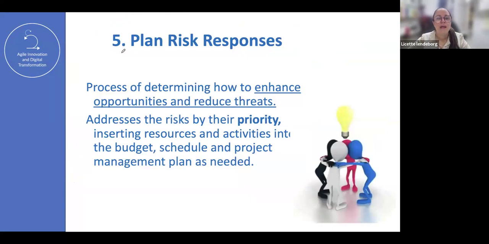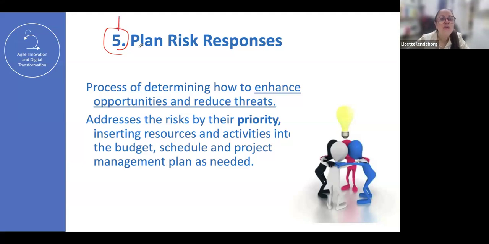Now, process number 5 is when you know everything about each one of the risk events: the name, the probability, the impact, who is the expert, and who is going to resolve the problem if something happens. So you have everything in your risk register.